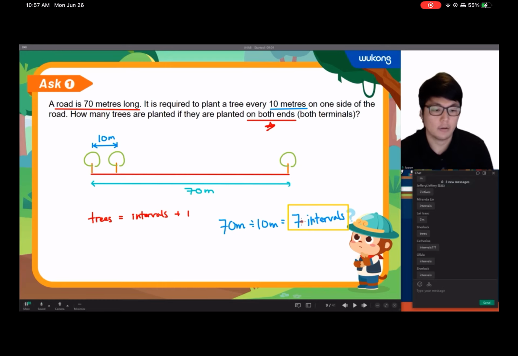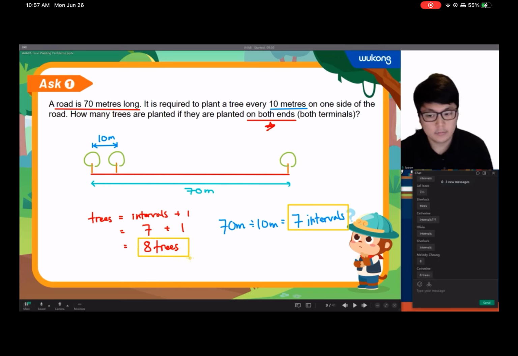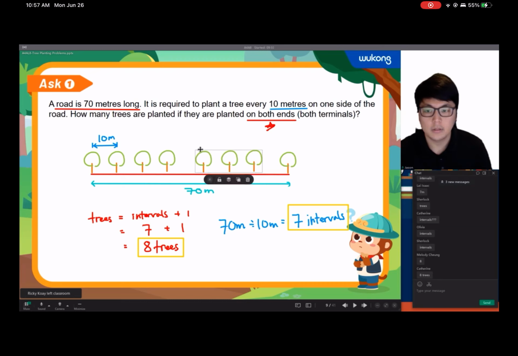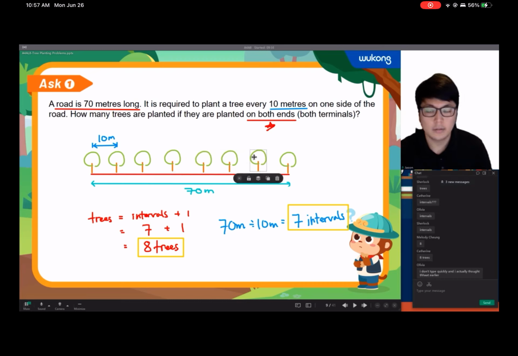All right, now, going back. Now it's easy. Once you know the intervals, we have 7, and plus 1, which is going to be 8 trees. So that's the answer, guys. If I were to complete this picture for you, let's see if I can fit everything. That's 4, and I just need 3. Okay, not bad.